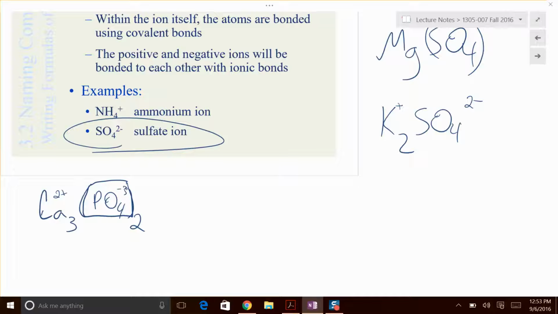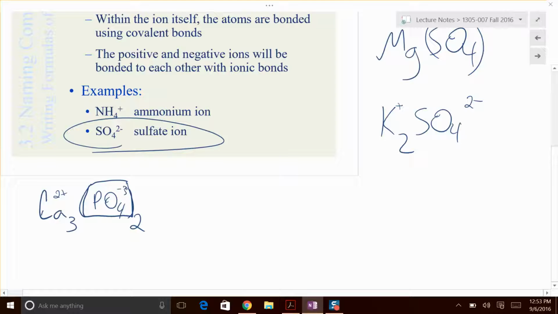So this is how you're going to use these polyatomic ions. The polyatomic ions are already named. There is going to be a chart of polyatomic ions. It's found in your book. You'll have the same chart on your test. So you don't have to try to remember the name of PO4 3-. It's phosphate. You go look it up in the chart and you see it's called phosphate. So what's the name of this? Calcium phosphate.